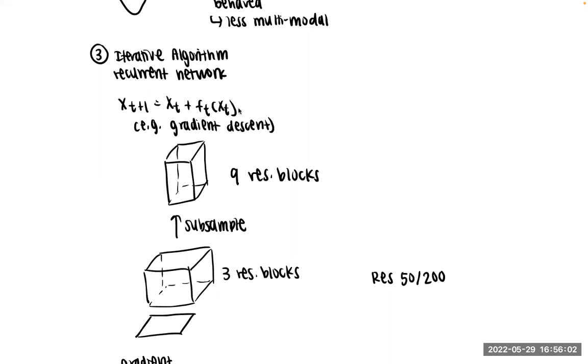So your f_t is like the gradient, although we don't really learn the original loss function. So that's the point. This iterative algorithm may be doing gradient descent or some other optimization algorithm to minimize a certain loss function or optimize a certain objective function, but we don't know what exactly this objective function or loss function is.